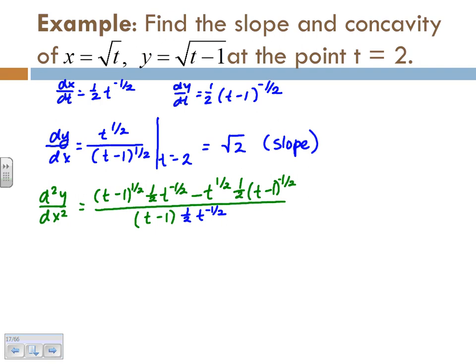I think that's easier. If you'd like to rationalize or whatever, go for it, but I factor my numerator by taking out my GCF.